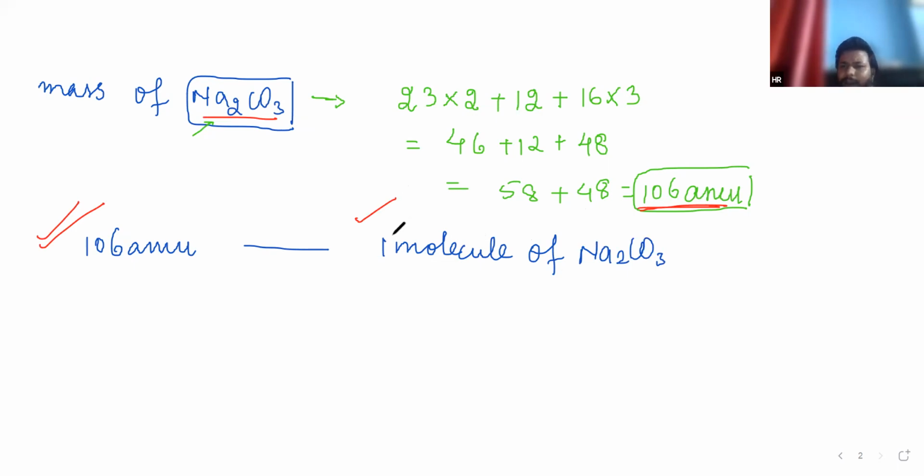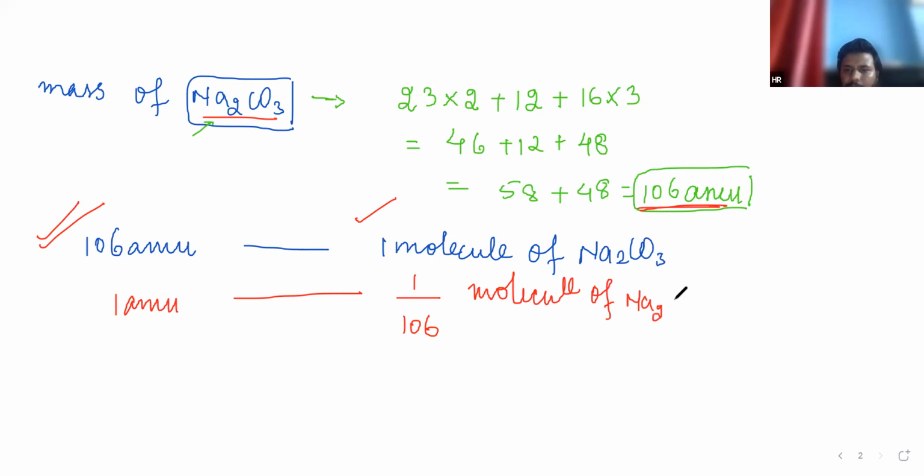Okay. Now we will apply the unitary method. In 1 AMU, how many molecules of Na2CO3 will be there? 1 by 106 molecule of Na2CO3.